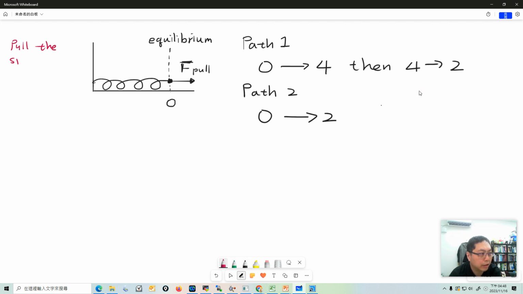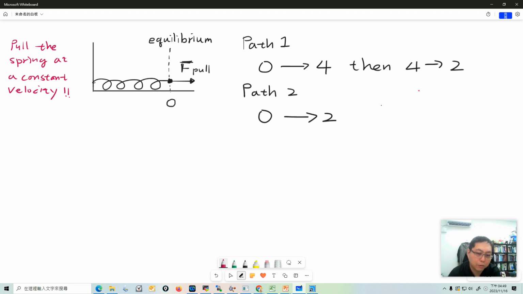Why should I pull the spring at a constant velocity? Because if I don't, there will be a kinetic energy issue.